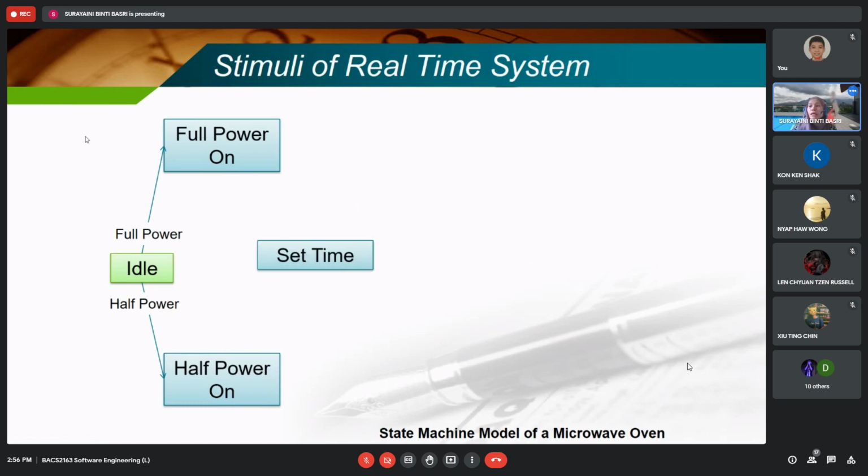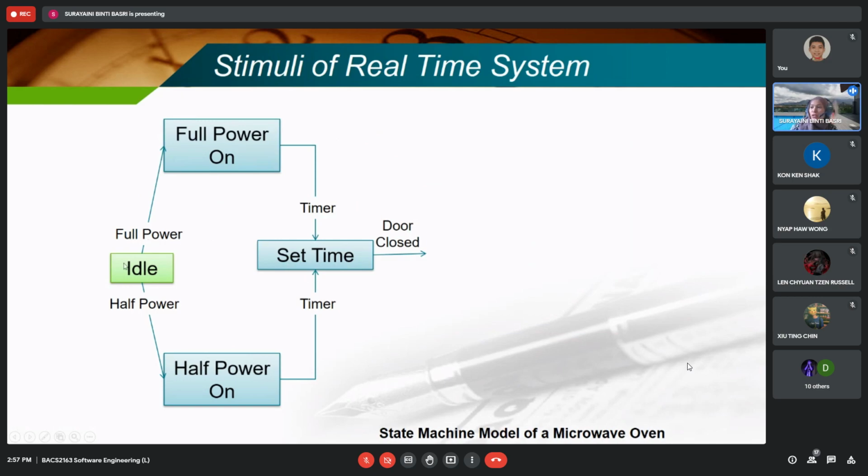Okay, so in the oven there are two states, either idle or it has power on. First it will be idle, but when the full power is triggered to the microwave, it will trigger the timer to be set.